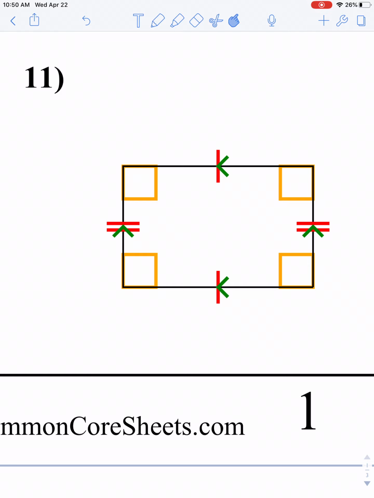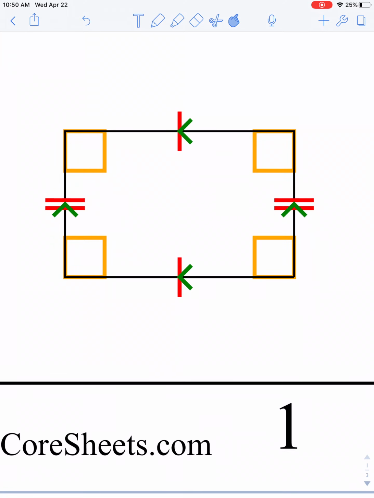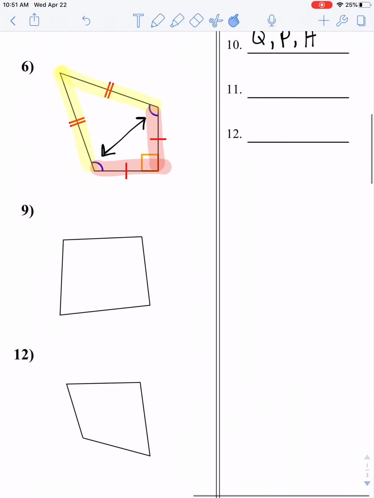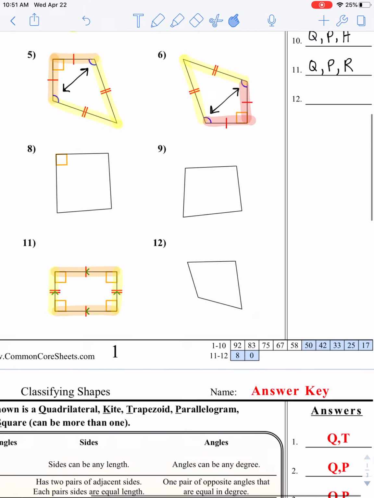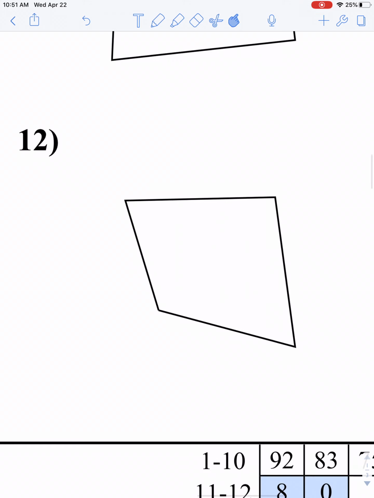These sides, even though the opposite sides are equal to each other, do you see how they use 1 red bar for the top and the bottom side, and they use 2 red dashes or red bars to label the right and left side of the rectangle? That means that those sides are different lengths. So number 11 can only be classified as a quadrilateral, a parallelogram, the opposite sides are parallel, and a rectangle, not a square.